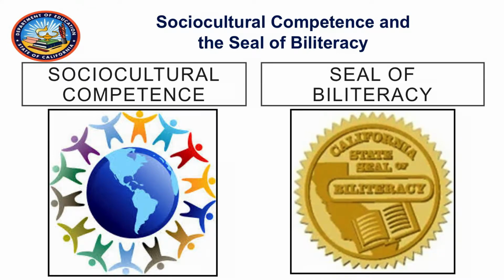And of course, as we develop the document, our main goal in LAUSD is to make sure that we are graduating students that have achieved social competence and also achieve that seal of literacy at the end, through our instructional programs.